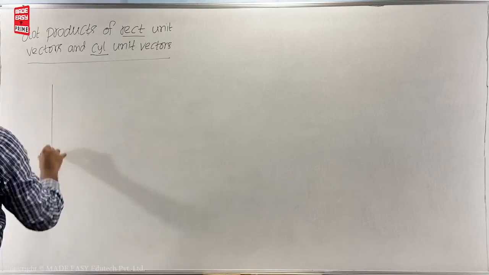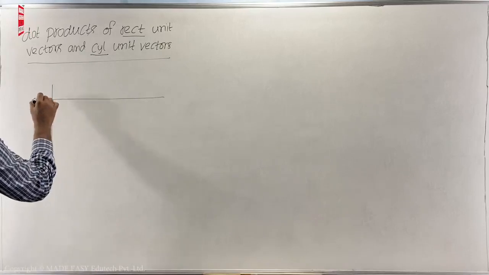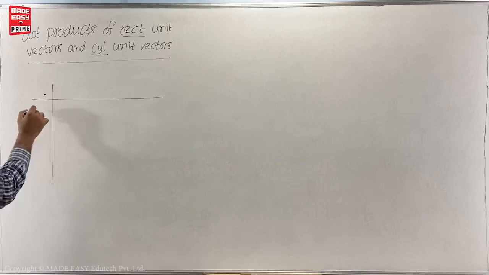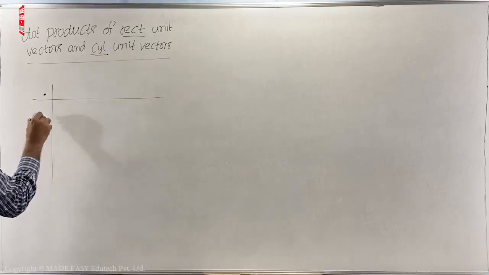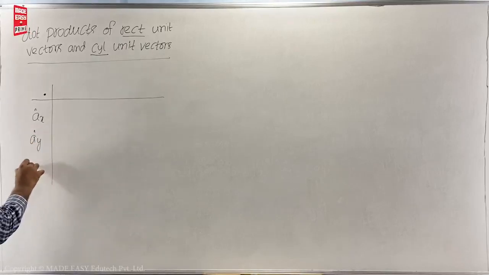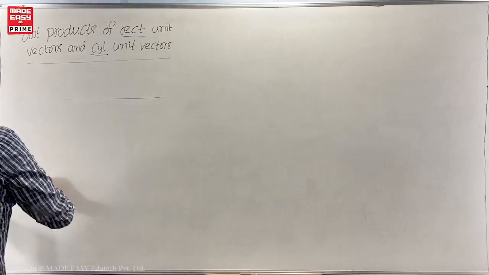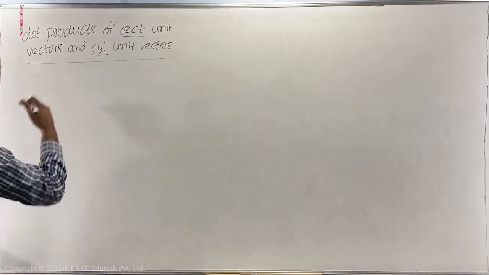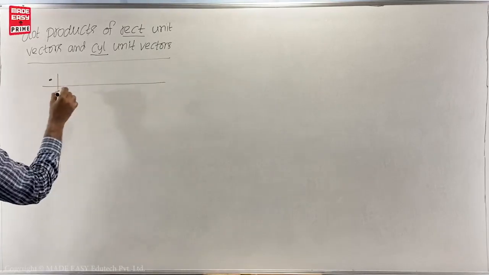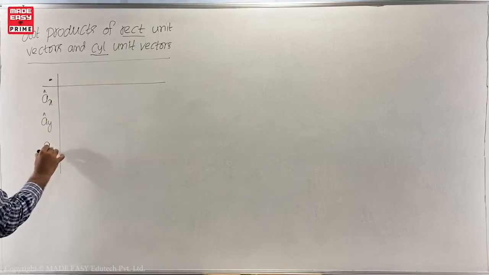So here I am writing that table. Actually, in total there are 3 tables. The first table is this one. We want to calculate dot products, so I am putting dot here. The rectangular coordinate system unit vectors are ax cap, ay cap and az cap.